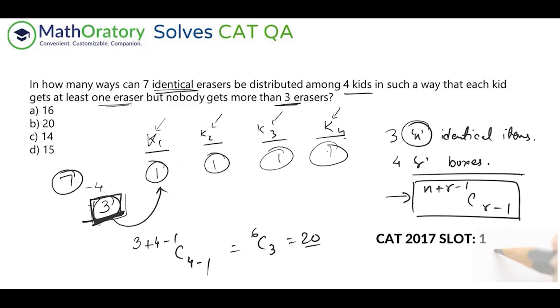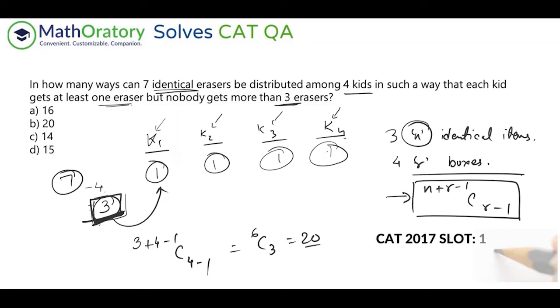Even distributing two to a kid and one to another kid is fine, because whichever kid you assign two more, that person still gets three erasers, which is allowed. But if you distribute all three to somebody, now this person gets four erasers, right? So this is not allowed.